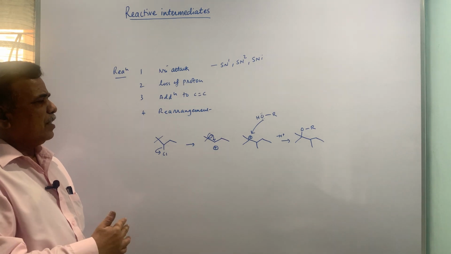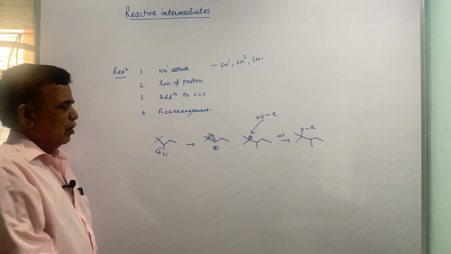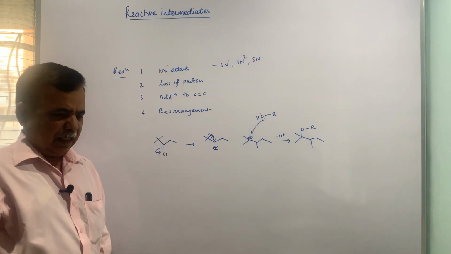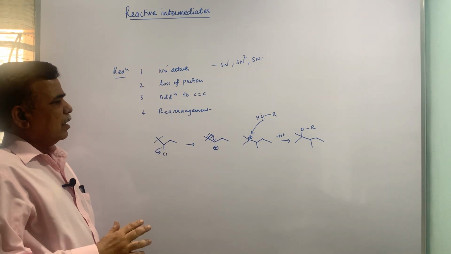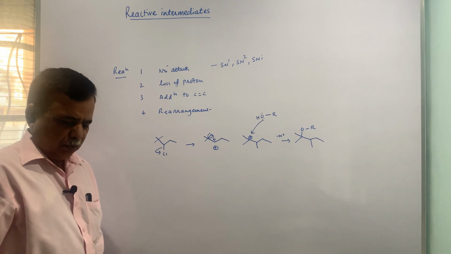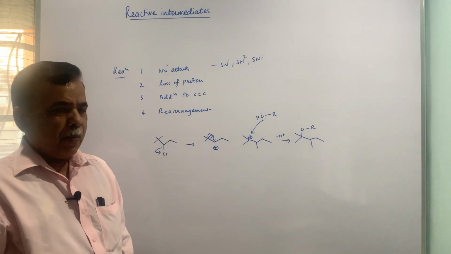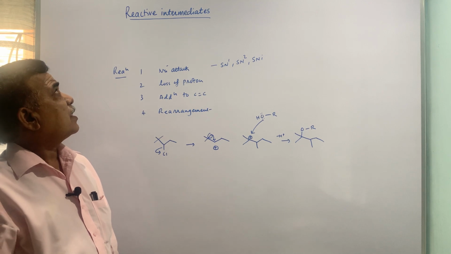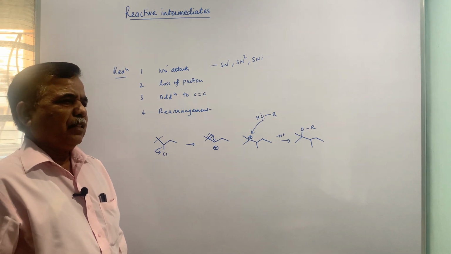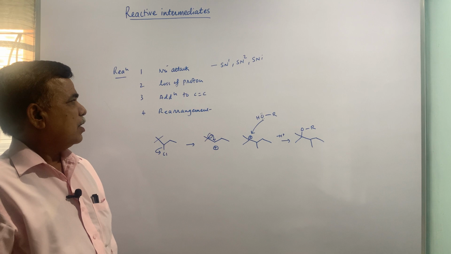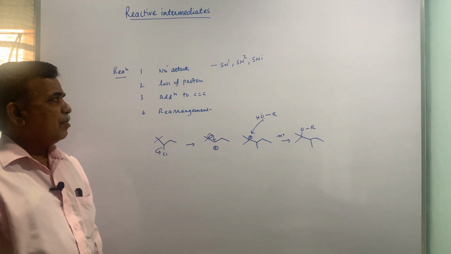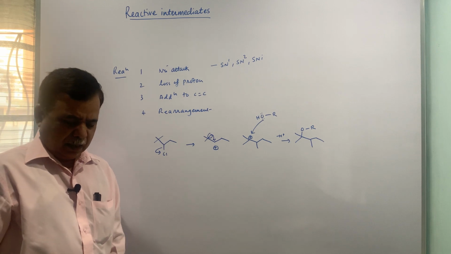So maybe in the next lecture we will have more examples based on all these categories, and after that we have to go and start with the carbanion intermediates, how they are generated, the fate of those, stabilization and the factors influencing stabilization.